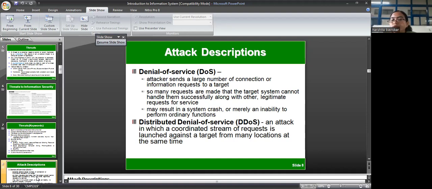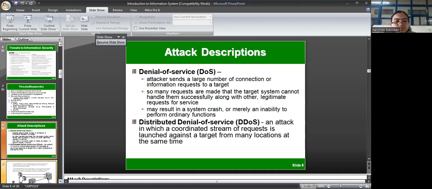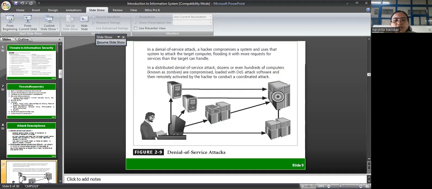Next is the distributed denial of service attack, which is called a DDoS attack, in which the request is launched against a target from many locations at the same time. This is a diagrammatic representation of how the denial of service attack takes place.